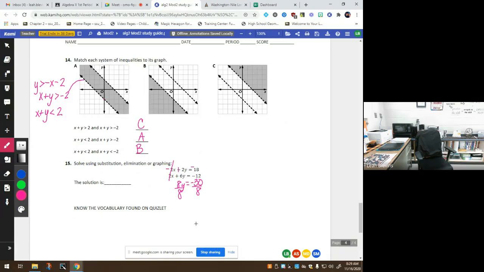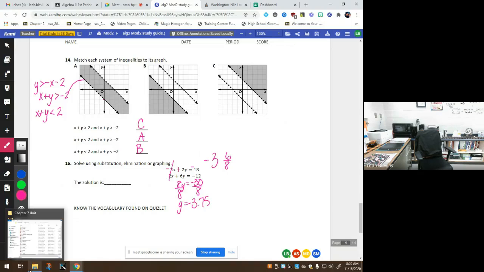Well, you do know that 8 goes into 30 3 times. That's 24, right? 8 times 3 is 24. So there's 6 left over. What's 6/8 the same as? 3/4. Perfect. So -3 and 3/4, or we can write it as a decimal, -3.75.